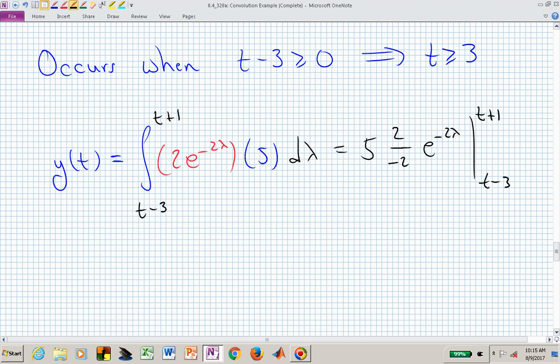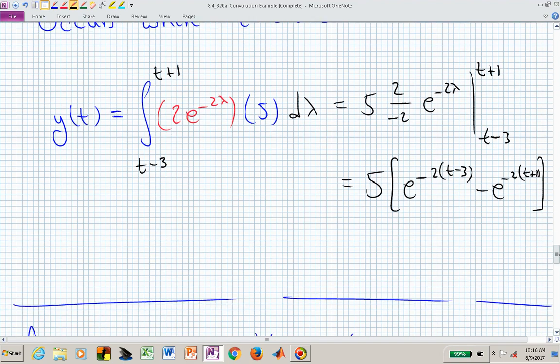And if you work through all of that and distribute the negative sign into the argument of the bracketed expression, we end up with 5 e to the minus 2 times t minus 3 minus e to the minus 2 t plus 1.